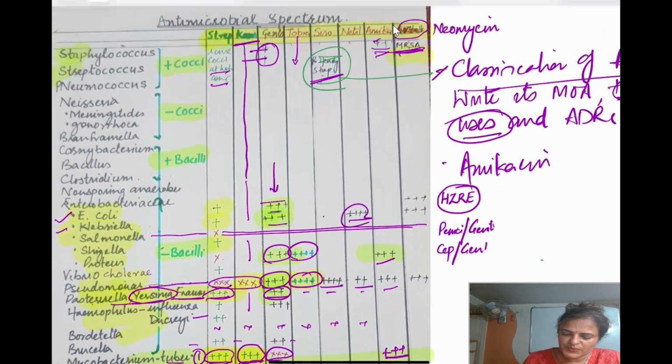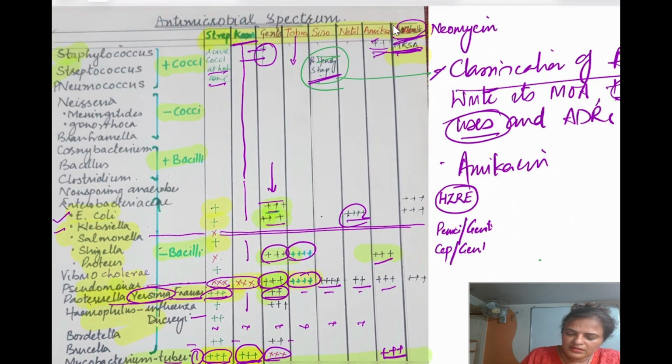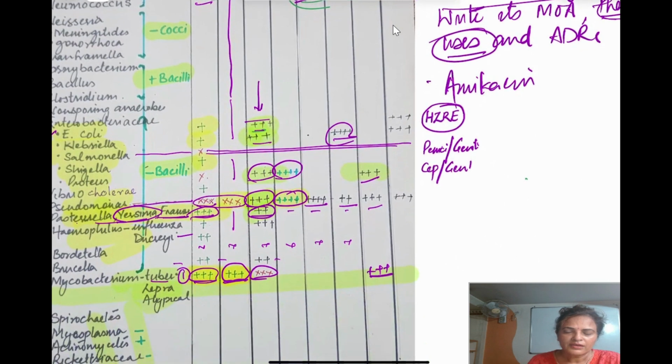And the last one, arbekacin. Its status is also the same, just like amikacin. It is also going to have a bactericidal status, even though it is going to attain that enzyme. So this is how it differs from the others. So it has got the wide spectrum.